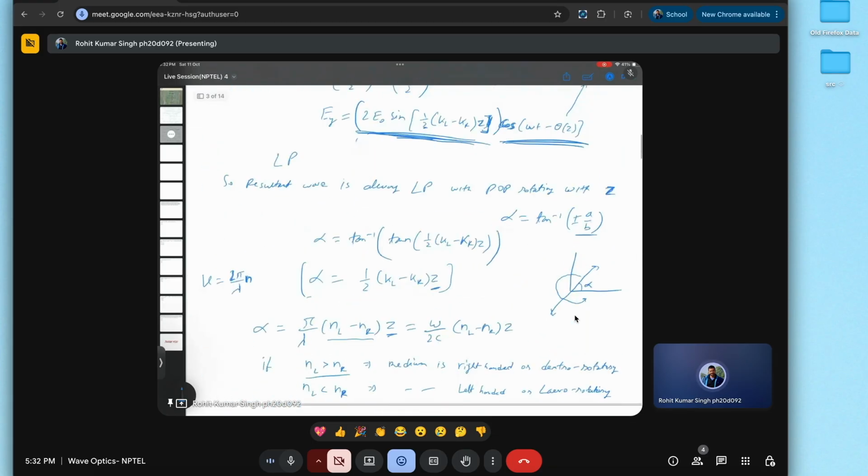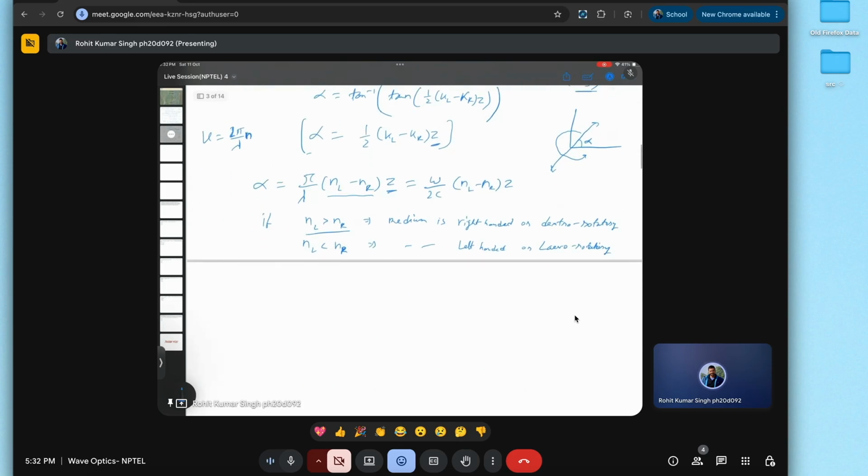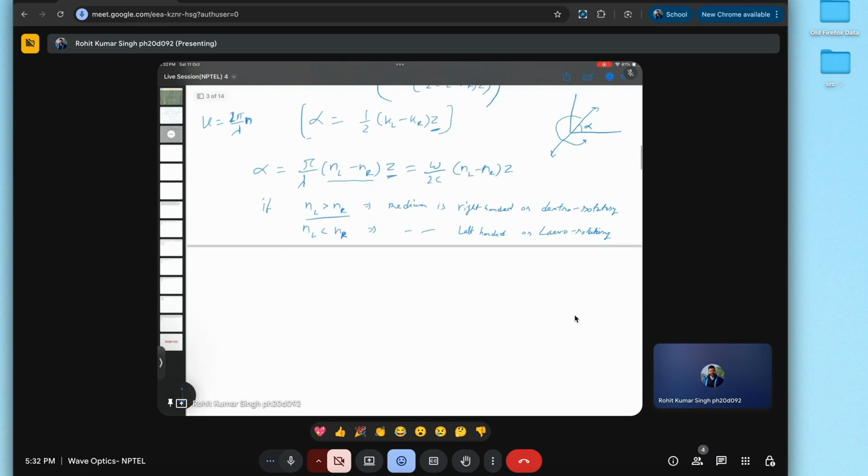Now, what is there inside the optically active medium that does this? So if you take an example of a sugar solution, sugar you know well, right? So it has a helical structure. Okay, its molecules have a helical structure.